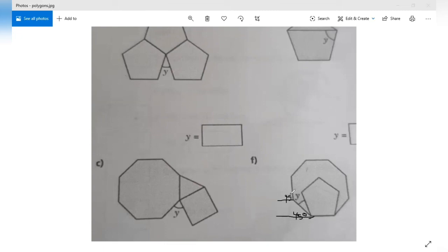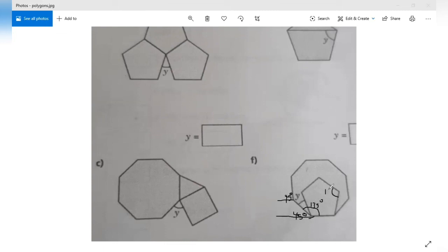However, remember the inside will then be 135. Remember, because angles on a straight line should add up to 180 degrees. So 135, the whole bit here, plus 45 will give you 180. But there is a pentagon inside. And when we did the pentagon, we remember that each interior angle of a pentagon is 108.